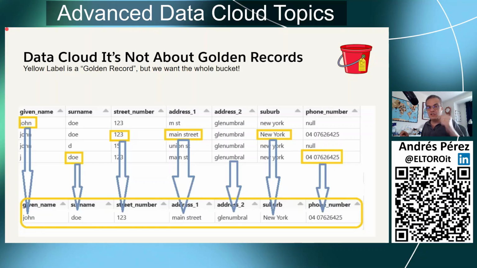And Data Cloud is not about creating golden records. Data Cloud is about creating buckets of data, buckets that represent all the information we know about a particular customer.